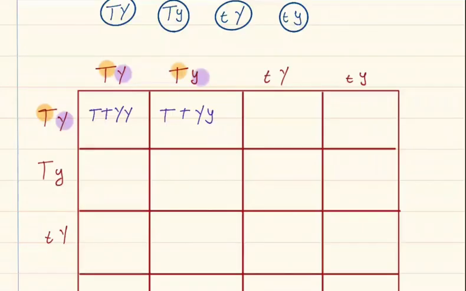Now the one after it, let's see, T capital, t small, Y capital, Y capital. Then the one after it, T capital, t small, Y capital, y small.